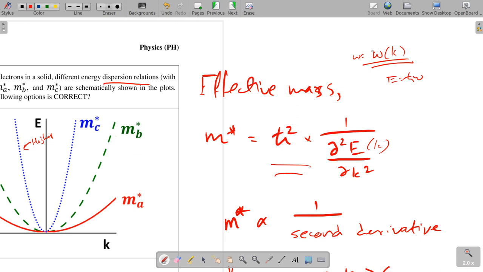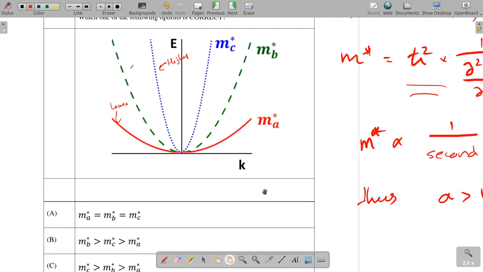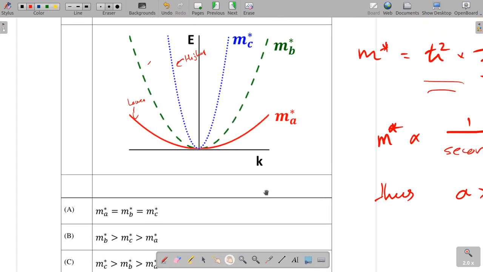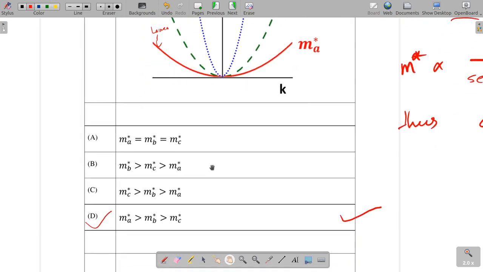Usually when electromagnetic waves are discussed, this form is given, while in condensed matter people usually give E as a function of k. Both of them are dispersion relations, and you have to be aware of this. So the right answer is option B, with C being the lowest effective mass and A being the highest.